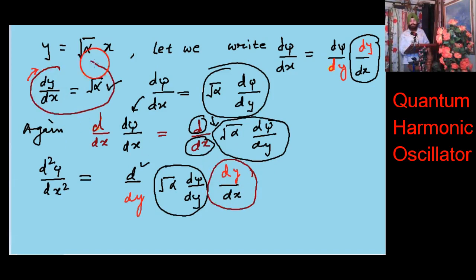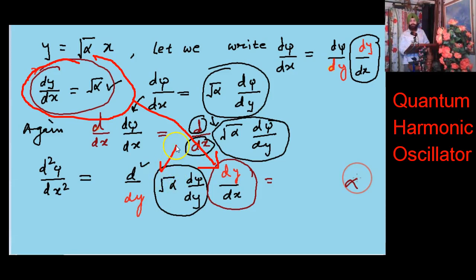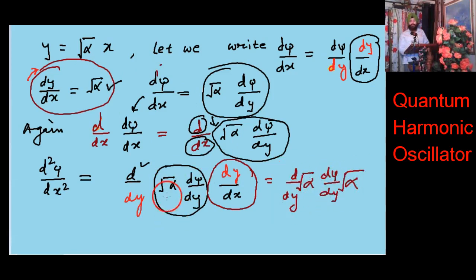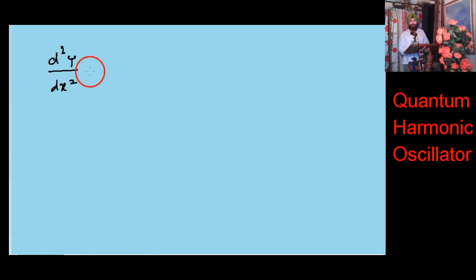So now the equation is: dy by dx is root of alpha, substituting it here, and we already have root alpha. So root alpha times root alpha becomes alpha. So the equation becomes, now we are getting this equation.